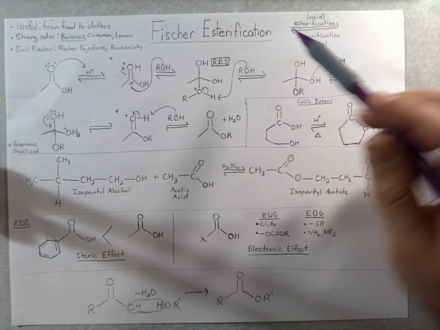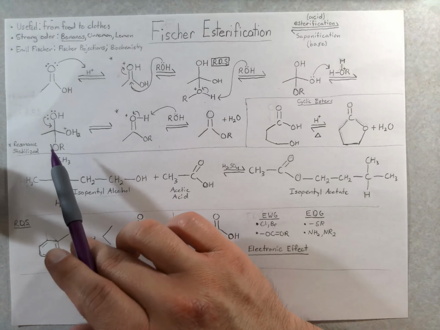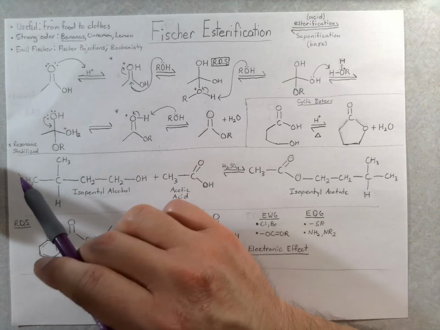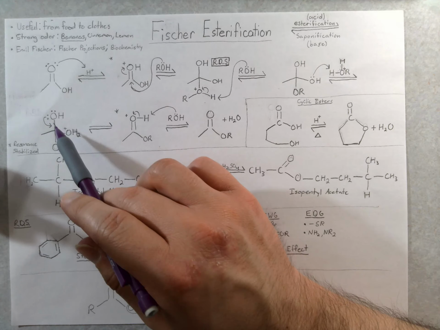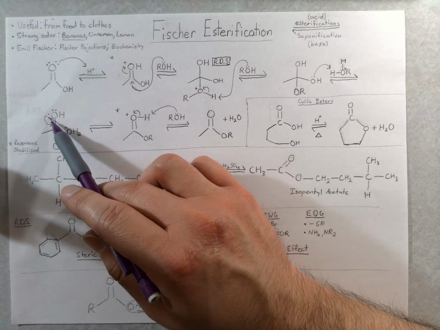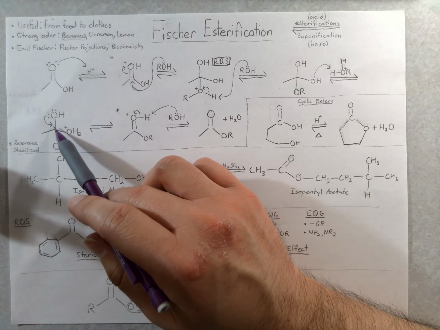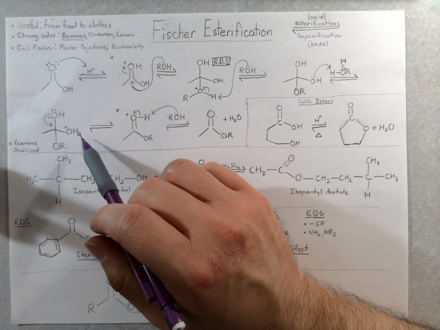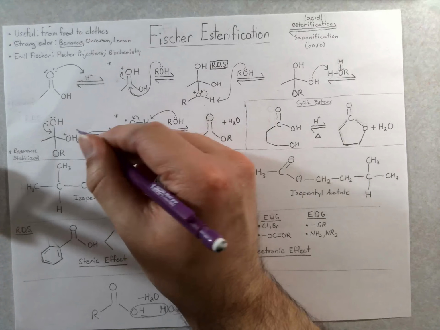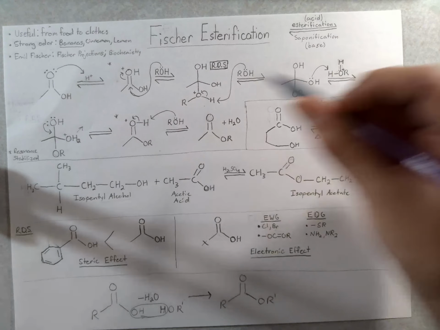And now creating a water molecule. So with that, the other oxygen has an electron pair, one of them can reform the double bond, pushing off the water molecule. And as you know, water molecules are very good leaving groups. So that's just going to get out of there.